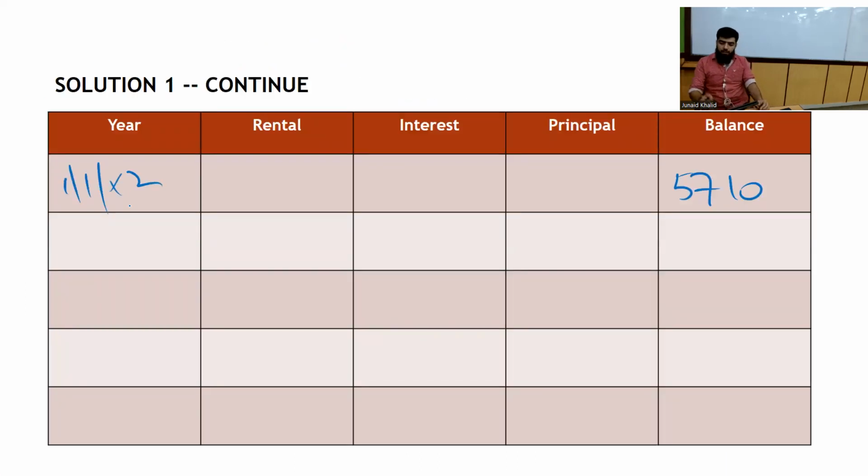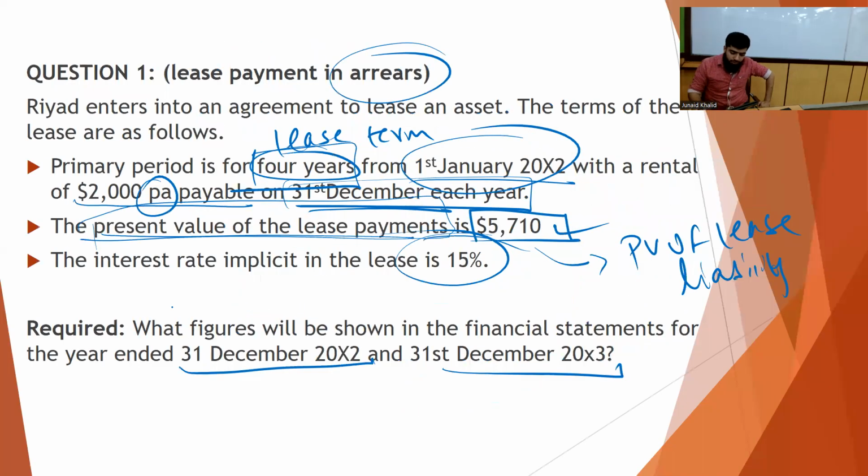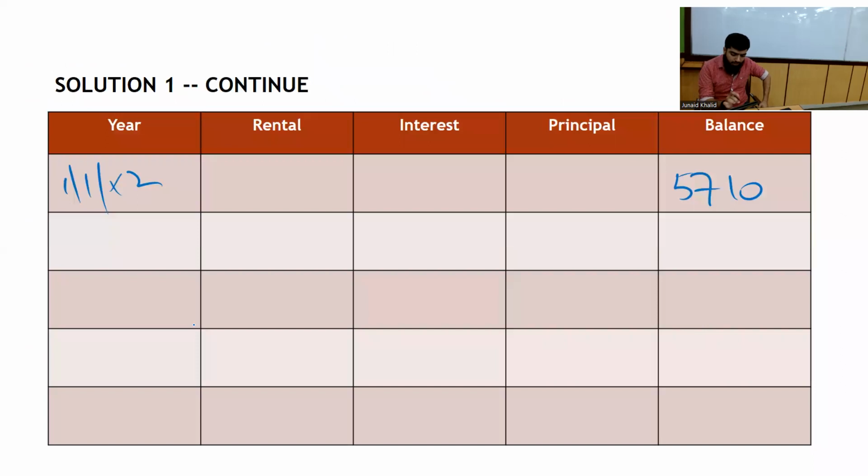At this date of agreement, or the inception of the lease, we had a lease liability of 5710. Now, let's look at the question. We are going to pay the rentals at the end of the accounting period, that is 31st December each year.